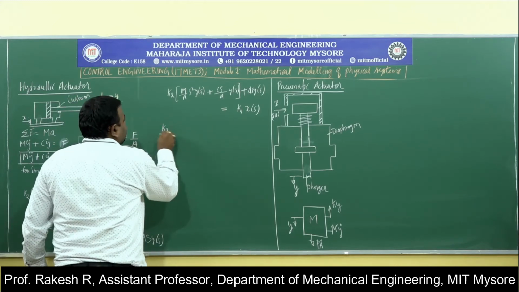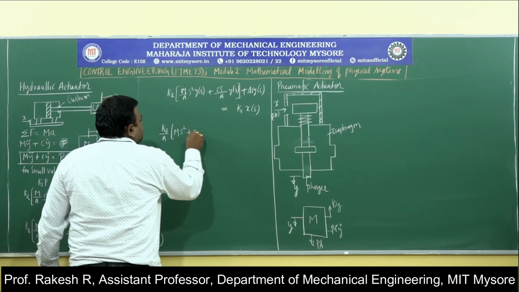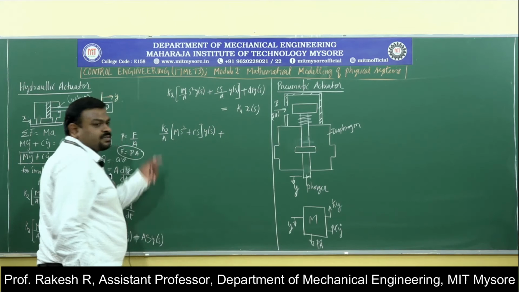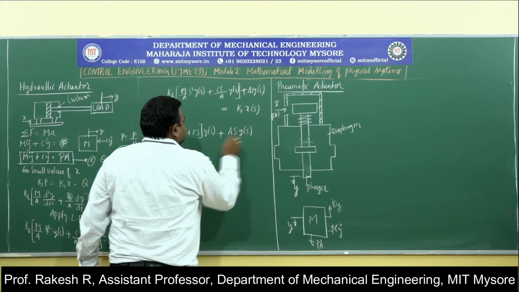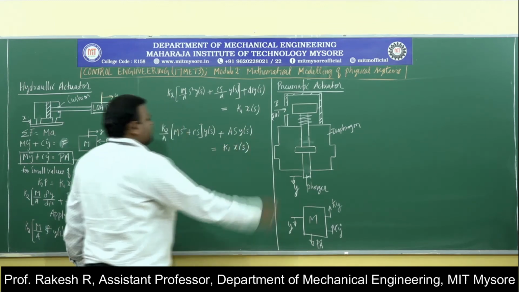K2 by A M S square plus Cs, again Y of S common here, plus As into Y of S will be equal to K1 into X of S.